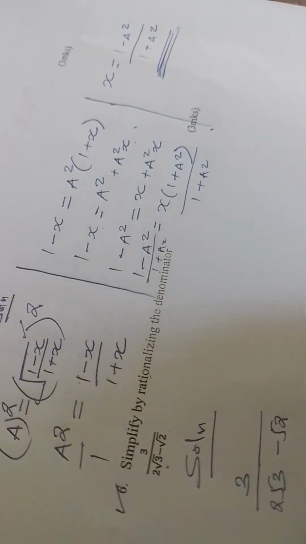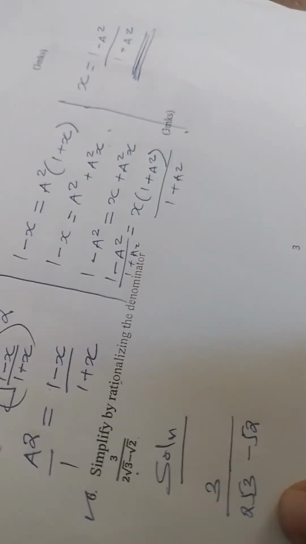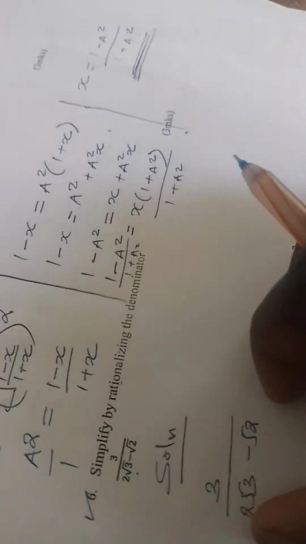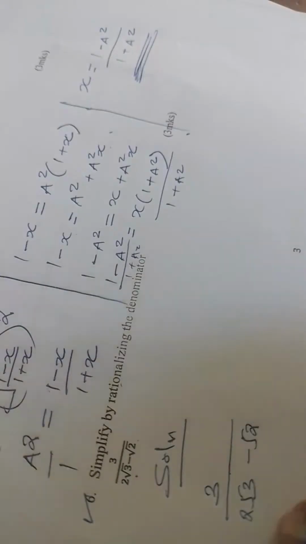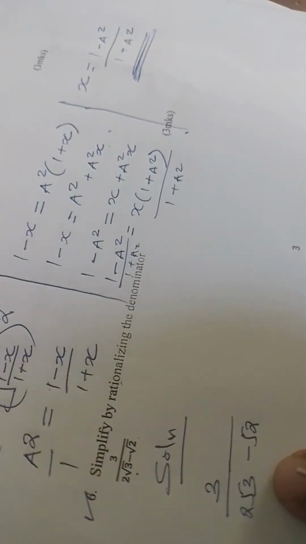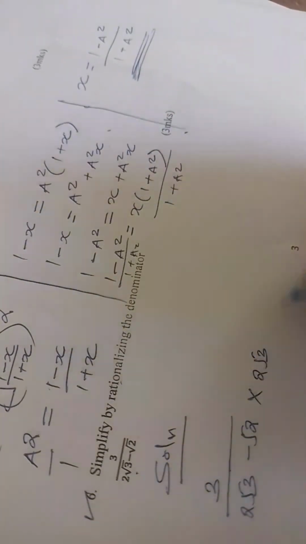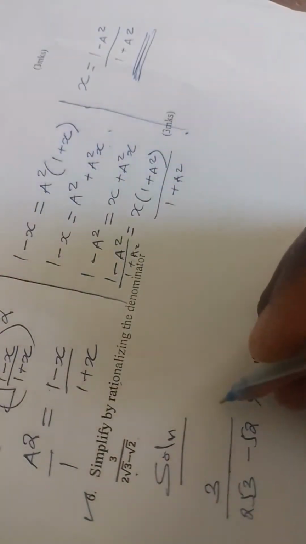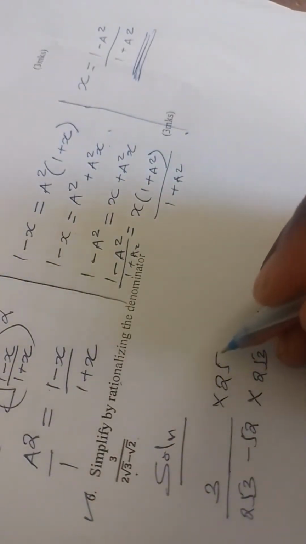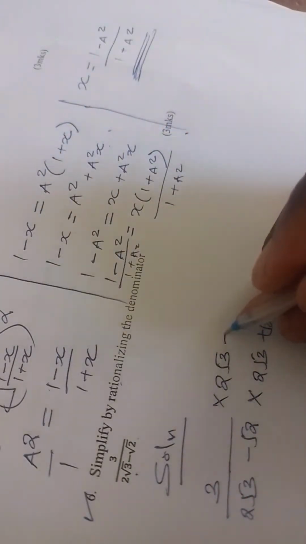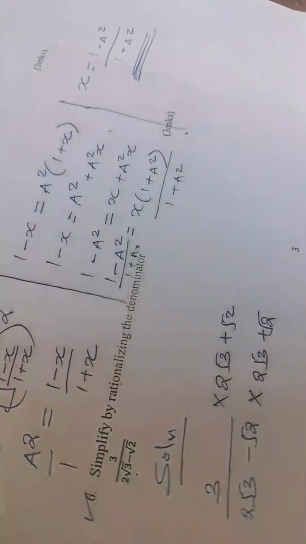Then for this one, if we want to remove the root sign in the denominator, we are supposed to multiply this one by its conjugate on both sides. The conjugate of this is 2 root 3 plus root 2. So this will have to multiply by 2 root 3 plus root 2 over 2 root 3 plus root 2.